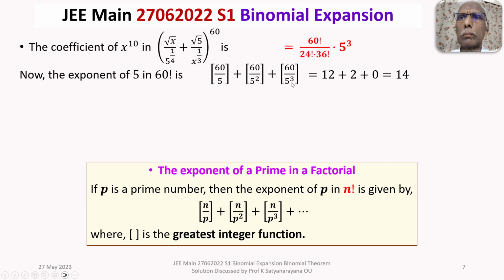And 60 by 125 is 0. So the total is 12 plus 2, that is 14.